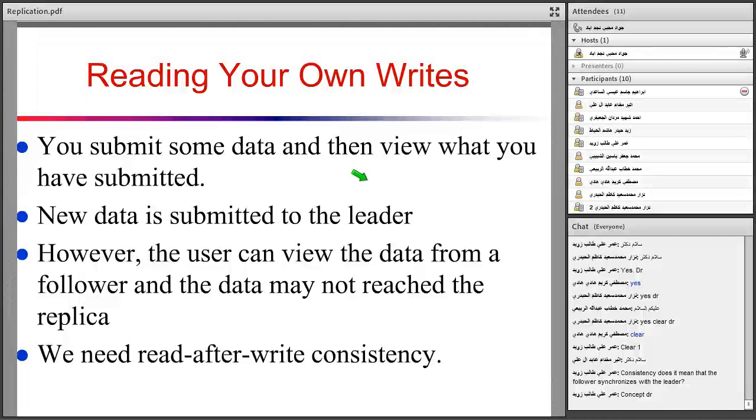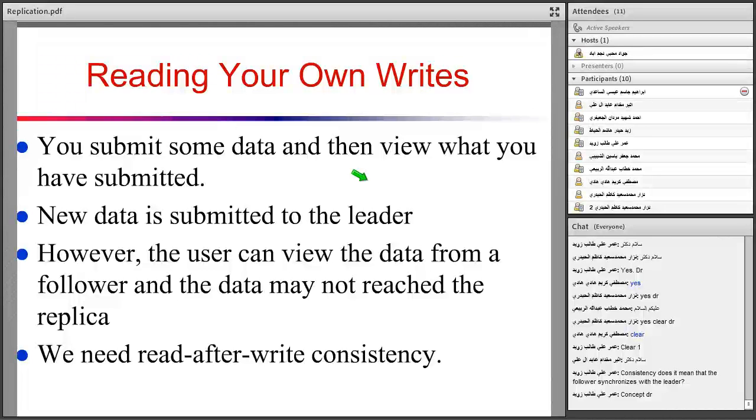It's possible because in the first state, I connect to the portal by the university network, and I might be connected to the leader.